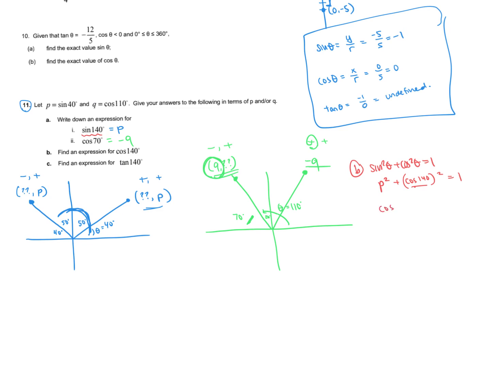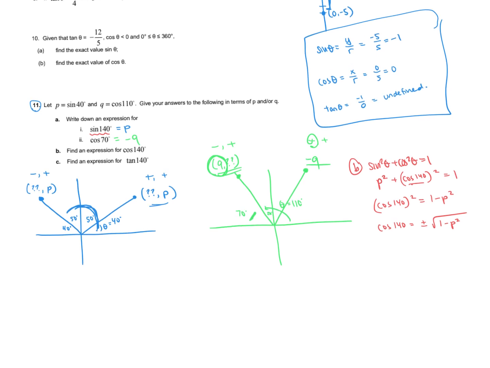So I'm going to subtract P squared, and then I'm going to take the square root, and then cosine of 140, 140 is in the second quadrant, so it's going to be negative in the second quadrant.